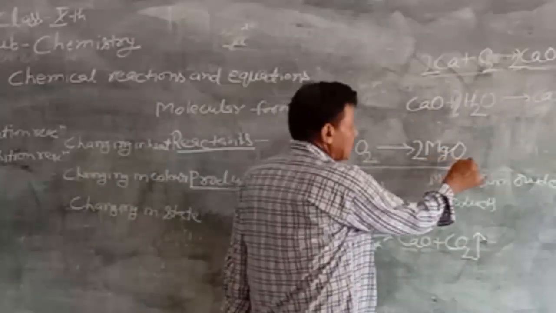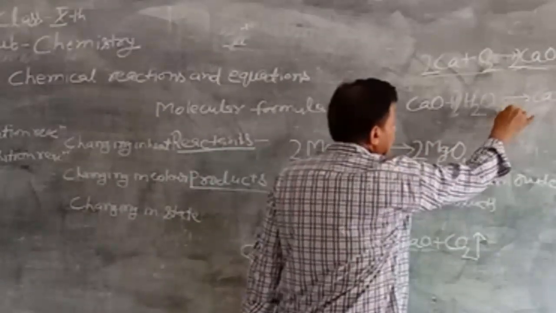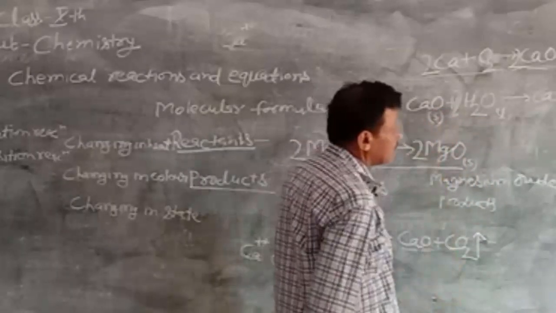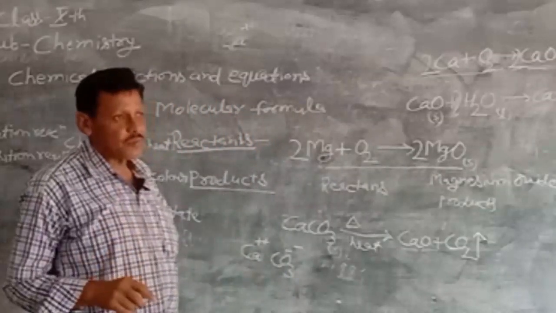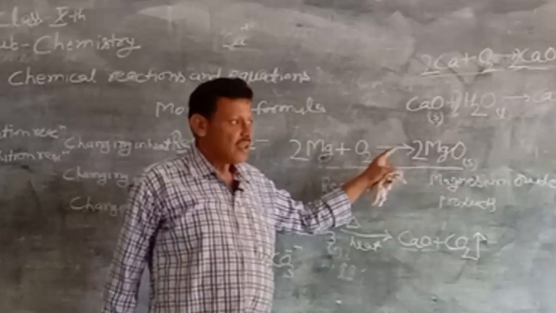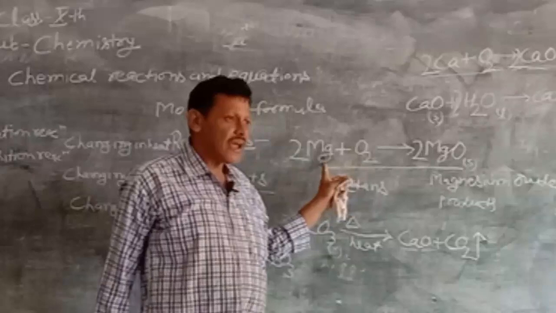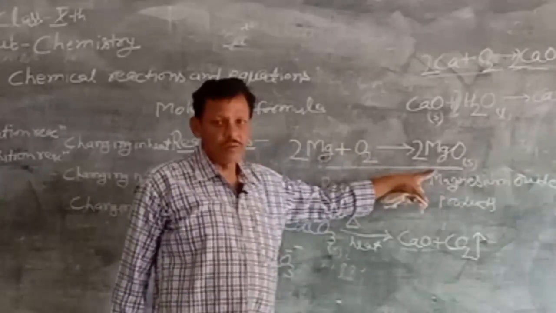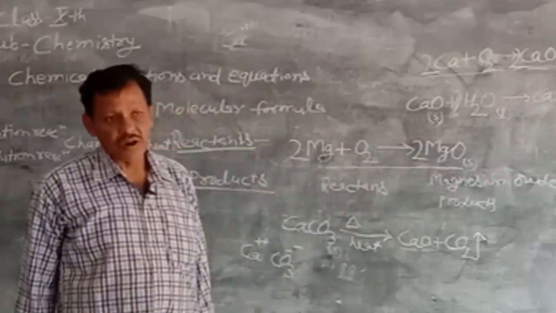Liquid is L, solid is S. The conditions of chemical reactions are written above the arrow marks. On the left side of the arrow marks, we always write the reactants. On the right side, we always write the molecular formulas of the products.